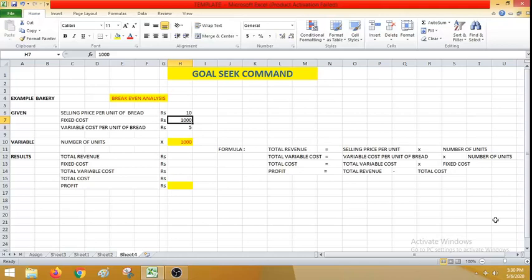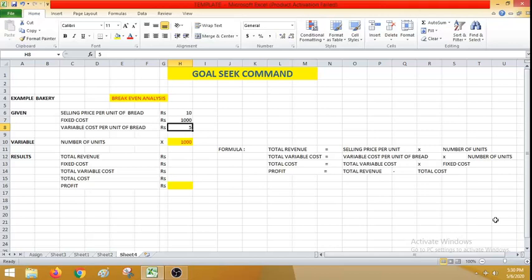The third one is the variable cost. To make one bread, possibly they need to spend rupees 5. So these three are the given parameters in the problem: selling price, fixed cost, and the variable cost.